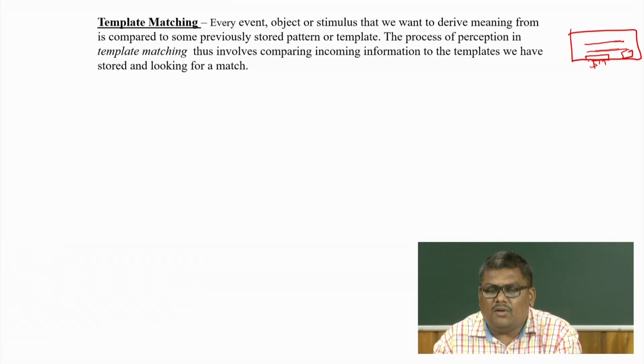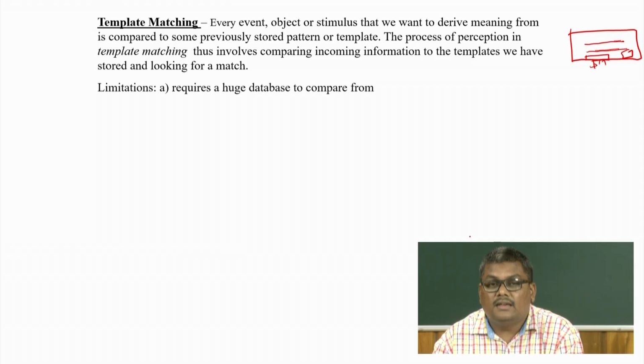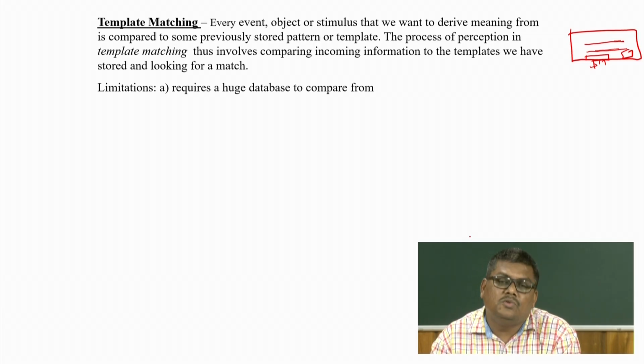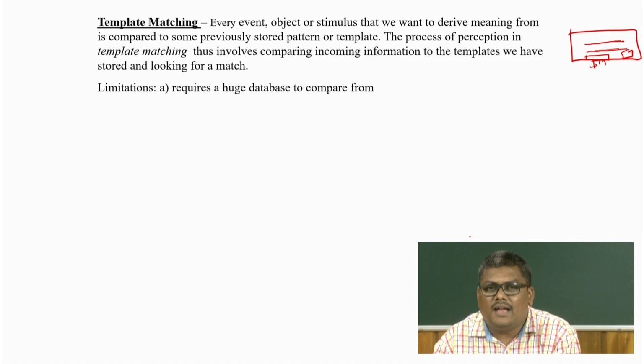Now, there are several obvious limitations of the template matching model. One of the first limitations is the requirement of a huge number of templates. By design itself, the model requires that we have a huge number of templates in the brain. Since the brain has a fixed capacity, it cannot have a large number of templates.